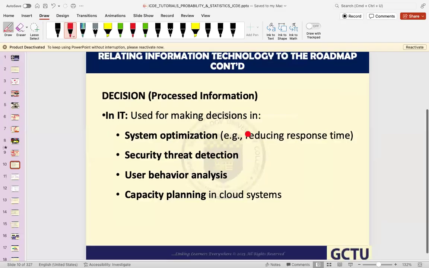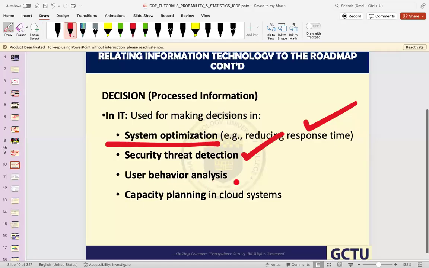So some of the process information or decisions you can see in IT are as follows. I don't know whether you've come across some of them yet. We have system optimization, example is reducing server response time. We have security threat detection, intruders.